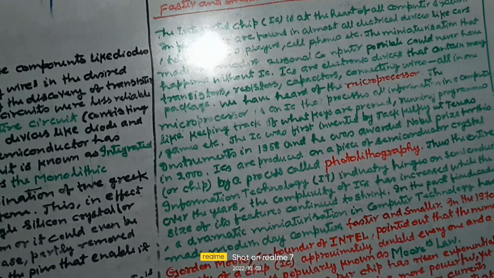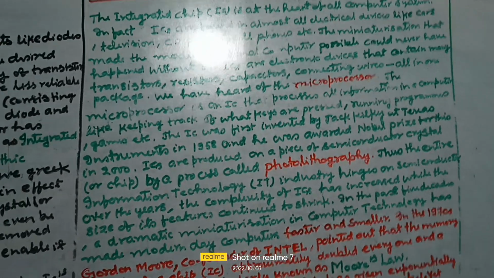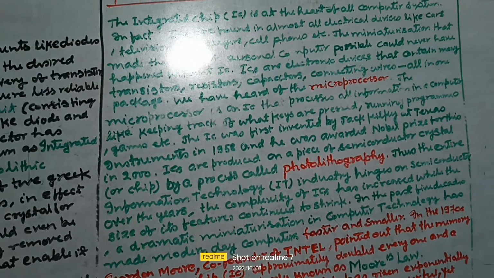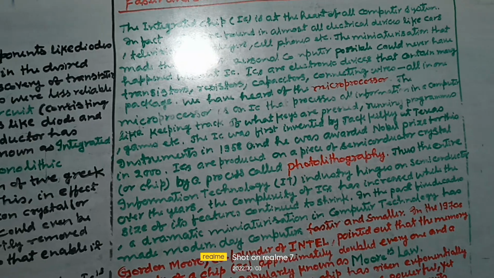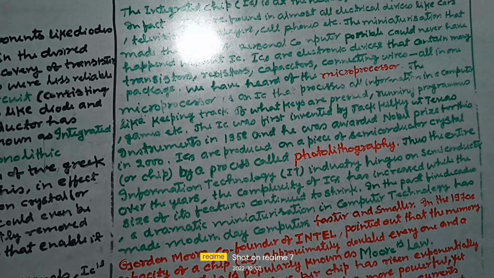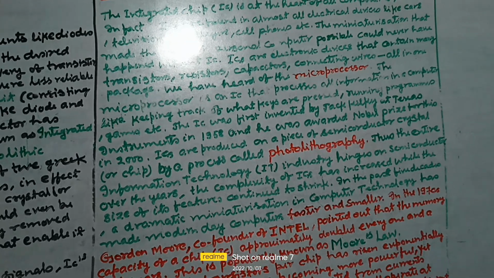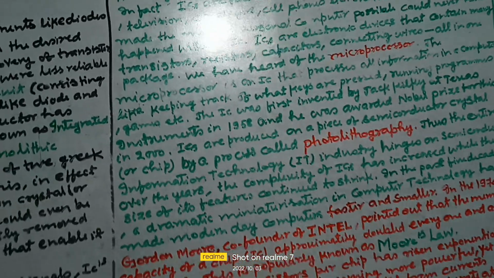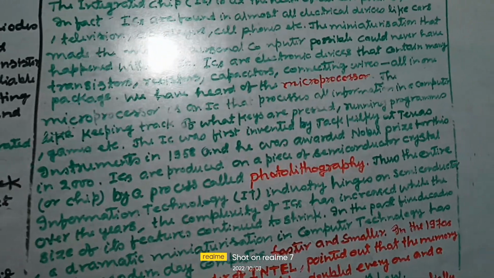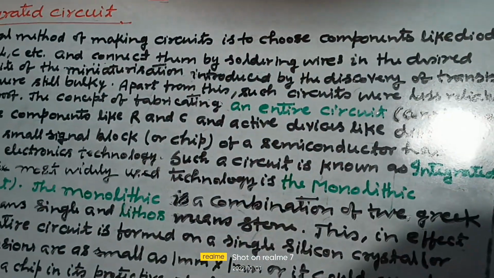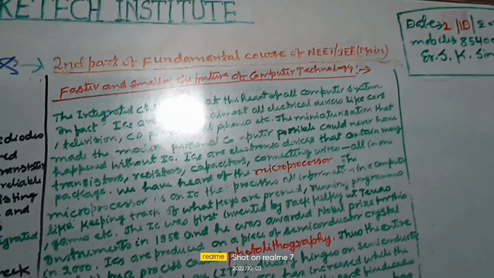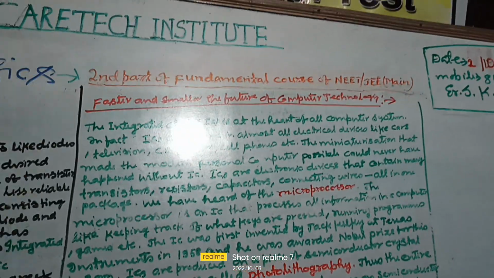In fact, ICs are found in almost all electrical devices like cars, television, CD player, cell phone, etc. The miniaturization that made the modern personal computer possible could never have happened without IC.